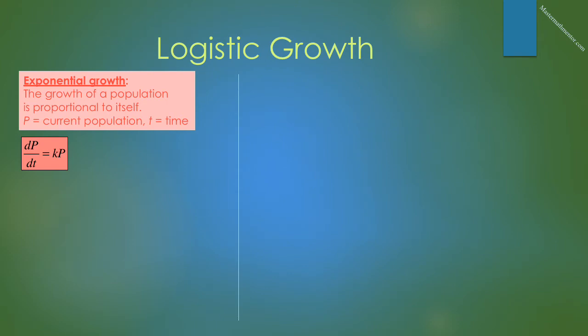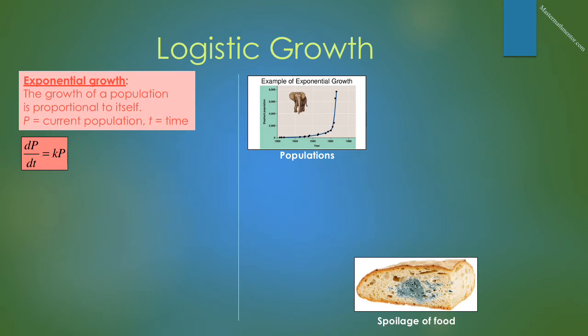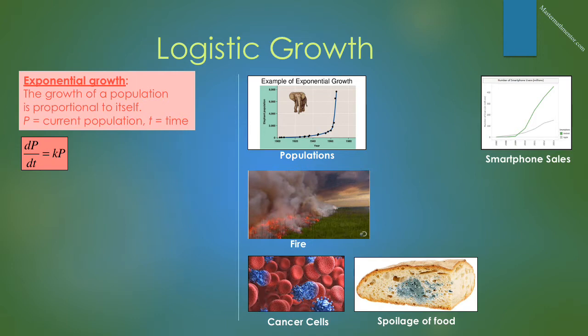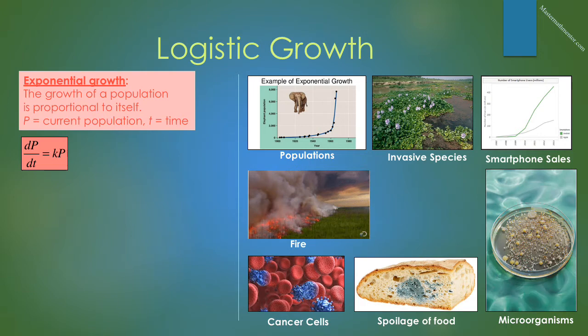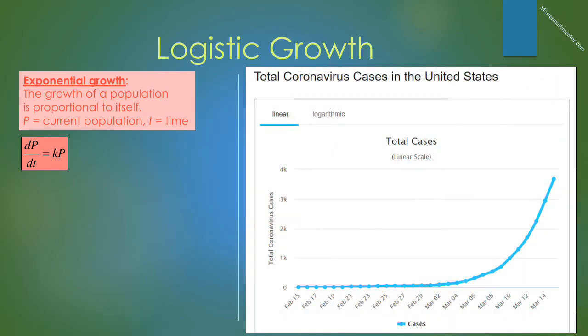There are many real-life examples of exponential growth. Populations, whether they be human or animal, spoilage of food, devastation from fire, smartphone sales, cancer cells, invasive species, microorganisms in a culture, the money you get from compound interest, and of course, the COVID-19 virus.